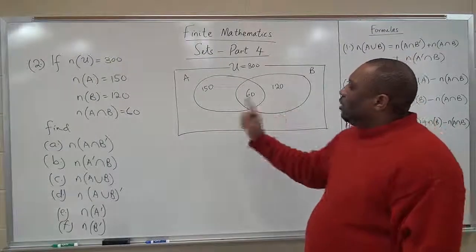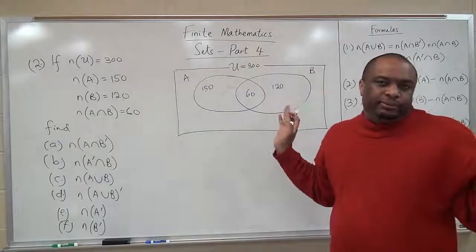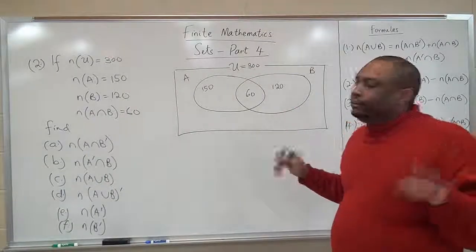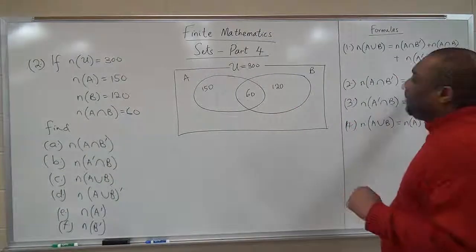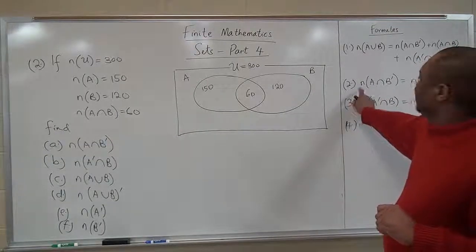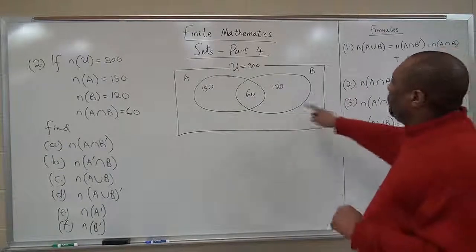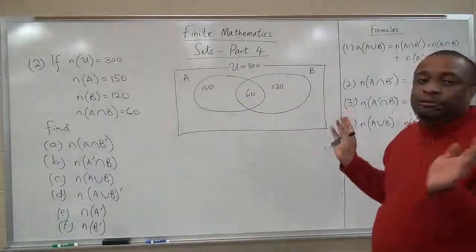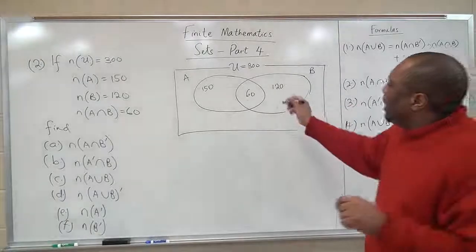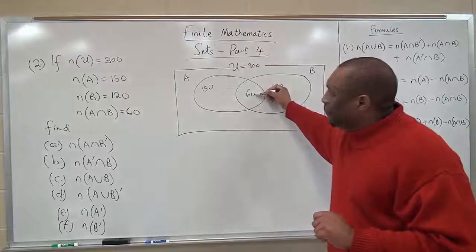Now, we want to find cardinality of A intersect B prime. Not B, only A. In formula number 2, A intersect B prime gives us 150 minus 60. But remember, this entire area is 150 and this small part from it is 60.